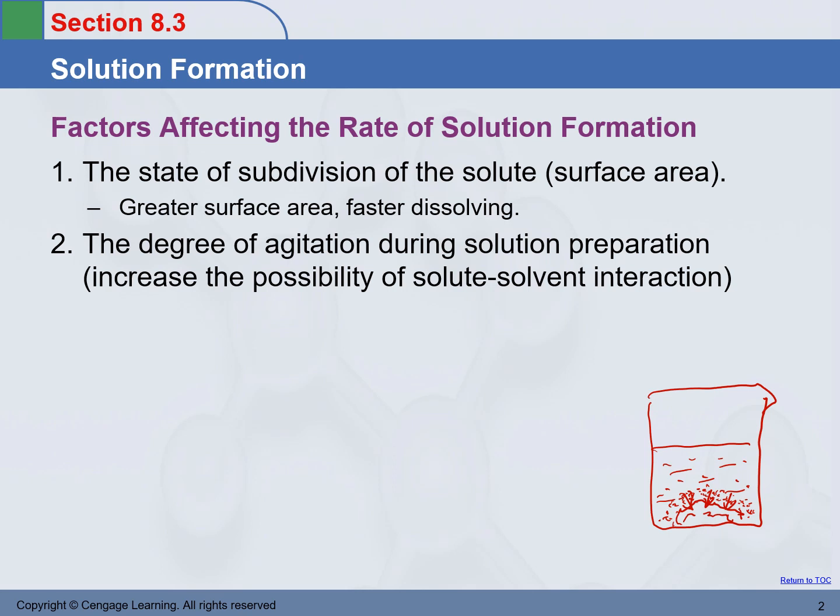Now the second process is that, remember on the last slide, we said that the interaction between solvent and solute particles is the driving force of dissolving. If you have a lot of sugar particles right around here, you are reducing the interaction between solute particles on the surface and the solvent particles. Does that make sense to you?